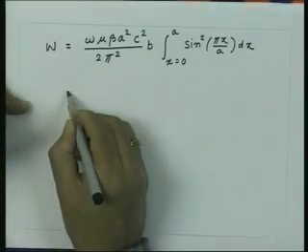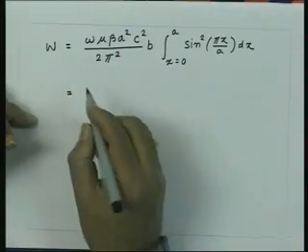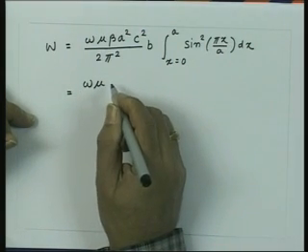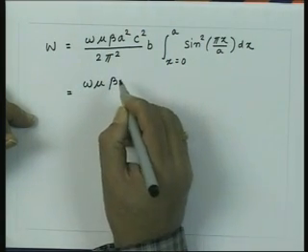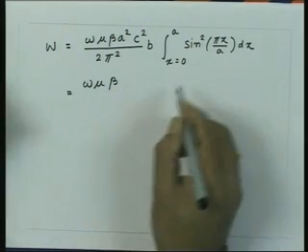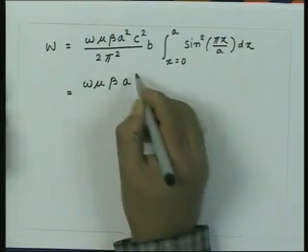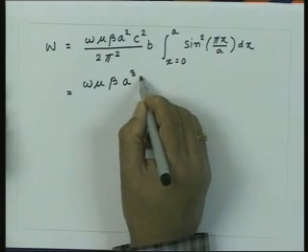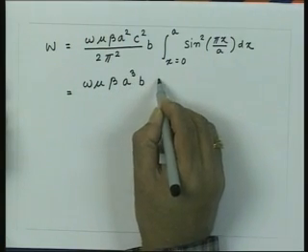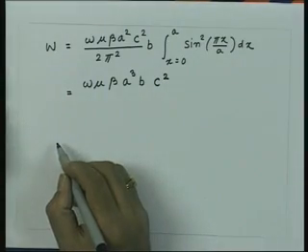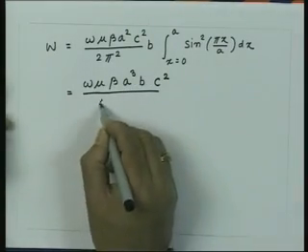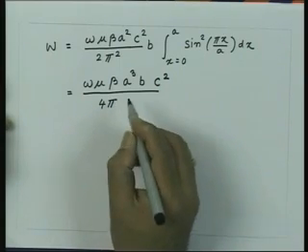So we can get finally the expression which is omega mu beta a cube b c square upon 4 pi square.